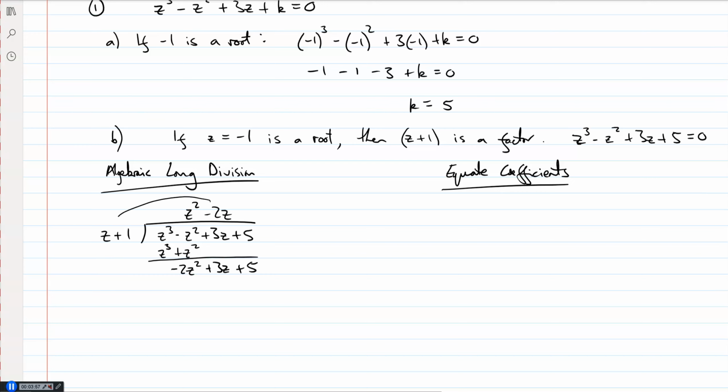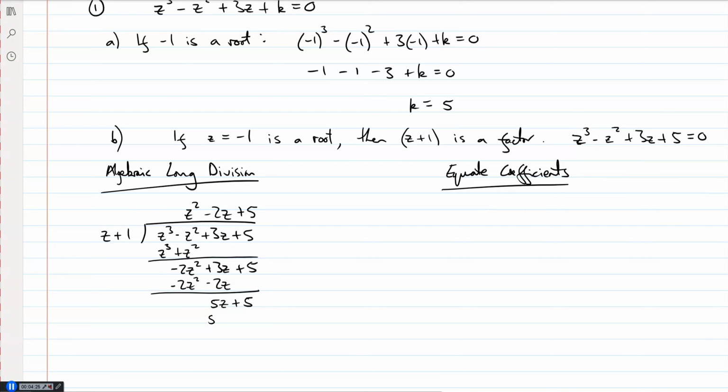And then multiply minus 2z by both of these bits. So minus 2z squared minus 2z. Subtract. Minus 2z squared minus 2z squared cancels. 3z minus 2z is 5z plus 5 carries through. z into 5z goes 5 times, so plus 5 times by that.